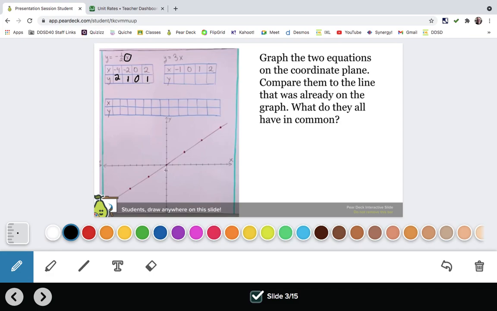So we can graph those by going to -4, up 2. I'm putting a point right there. And going to -2 up 1, going to the point 0, 0, and over 2 down 1, and then putting a straight line right through those.